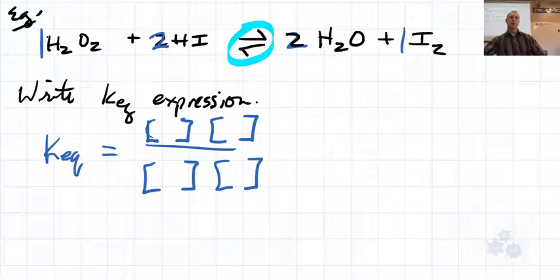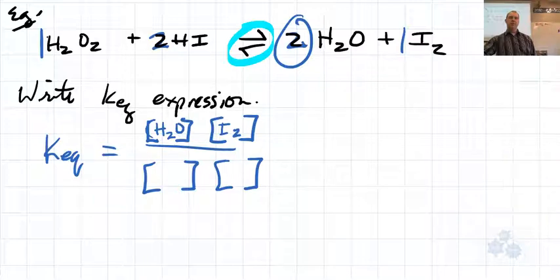So we're going to fill in up here: the concentration of H2O times the concentration of I2. What I also need to realize is that this number 2 right here means what? What do I do with that number 2? That's right. So there's an exponent of 2 on this H2O.